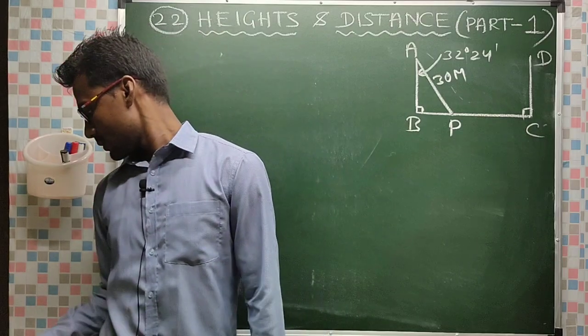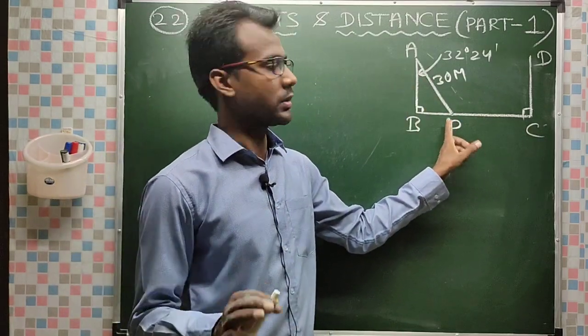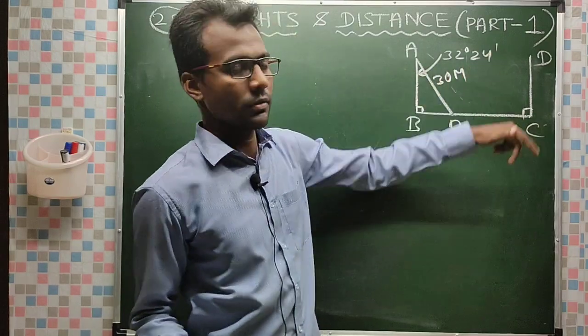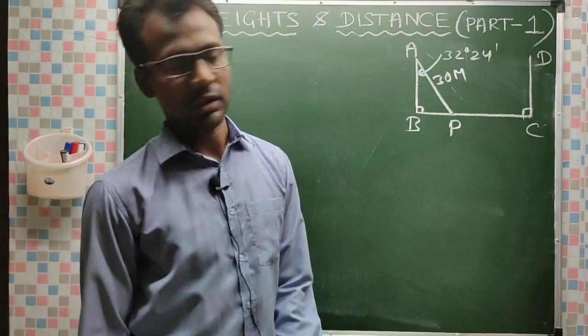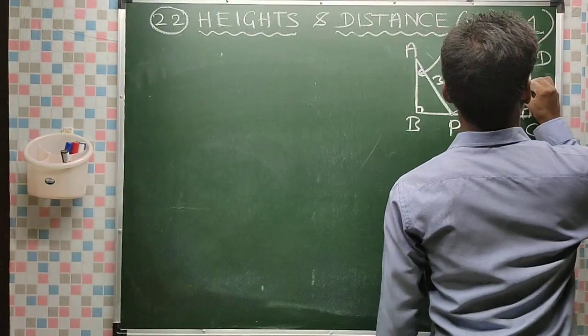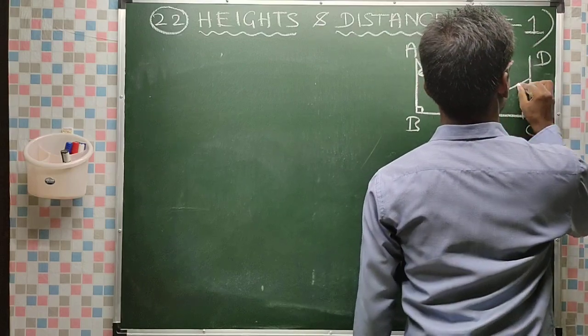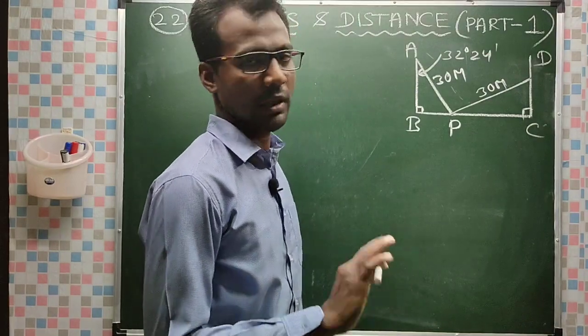Then when it is turned, means at the same point P, it is not moved, simply it is turned like this, when it rests against the other pole. Suppose like this. This is again 30. Length of the ladder will not change.